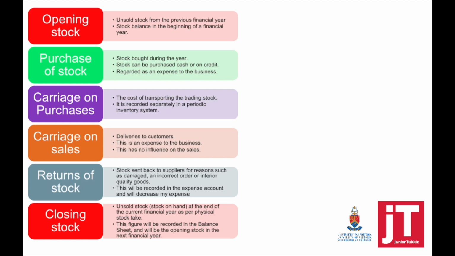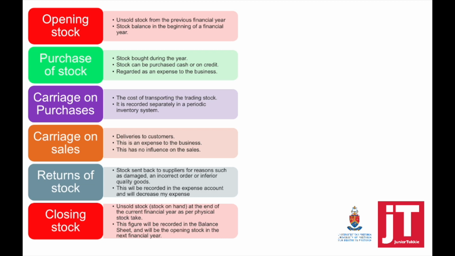Now, for any other cost in getting the trading stock, we need to open an expense account. When we're looking at transporting goods, getting those goods to us, it means carriage on purchases. That is an expense to the business. Do not confuse carriage on purchases with carriage on sales.